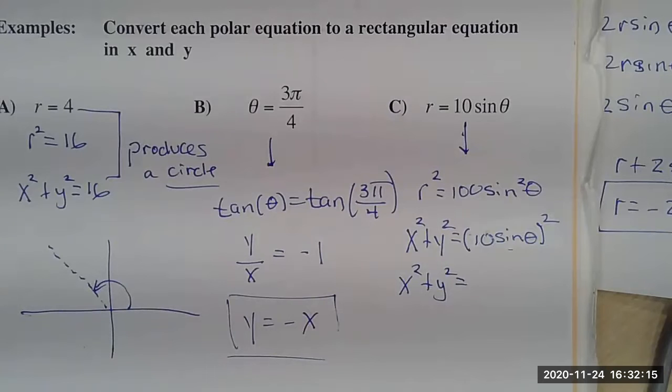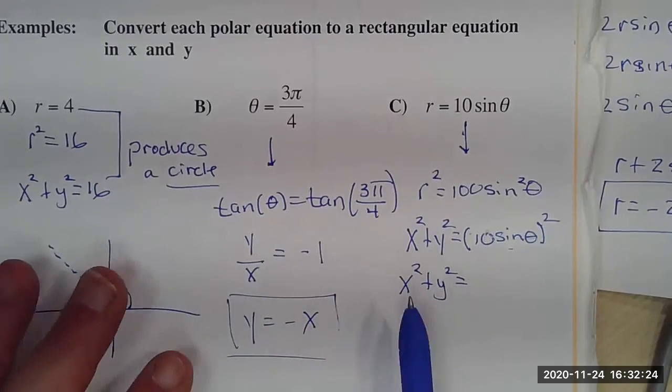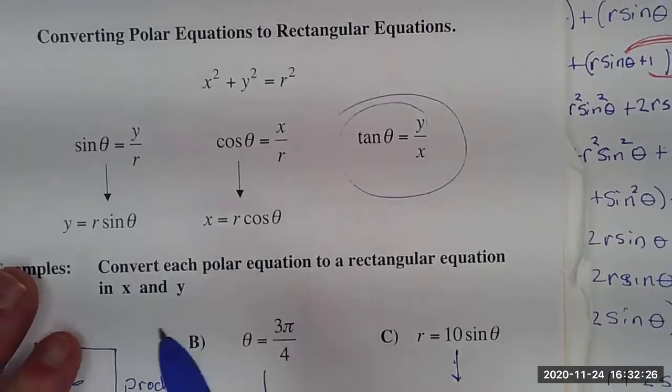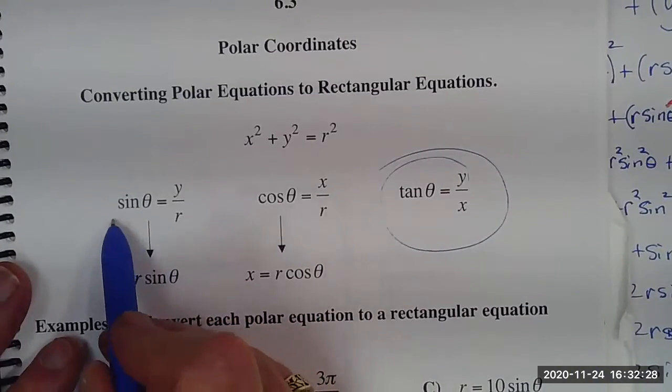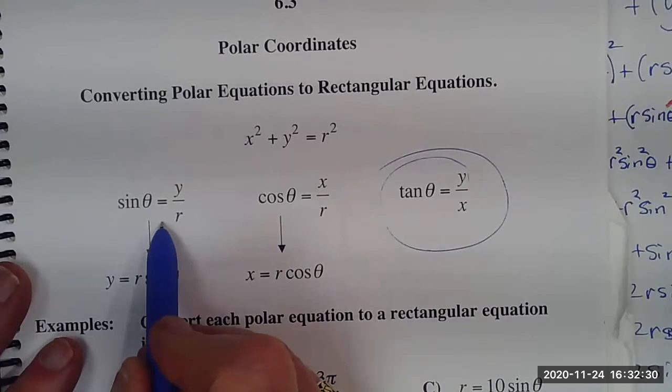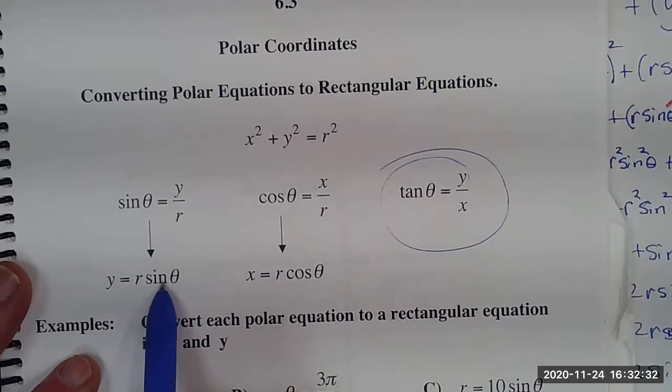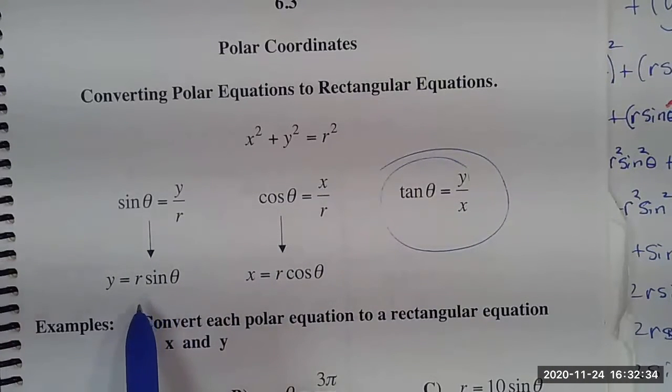No, I take that back. R is 10 sine theta. Okay, let's see. What else do I have? Sine squared theta.